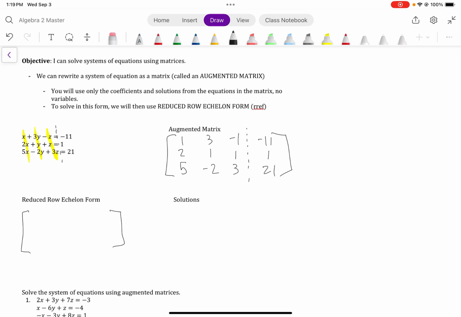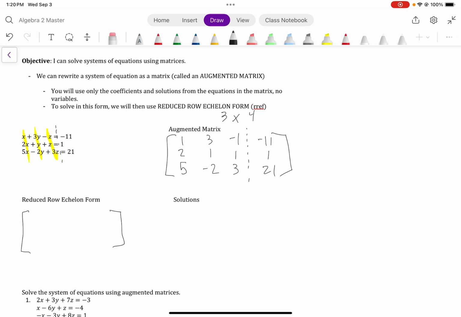It does not matter, but you have to scroll over to edit. I'm going to edit A. This is a 3x4 matrix, so you need to tell your calculator: 3 rows, 4 columns.